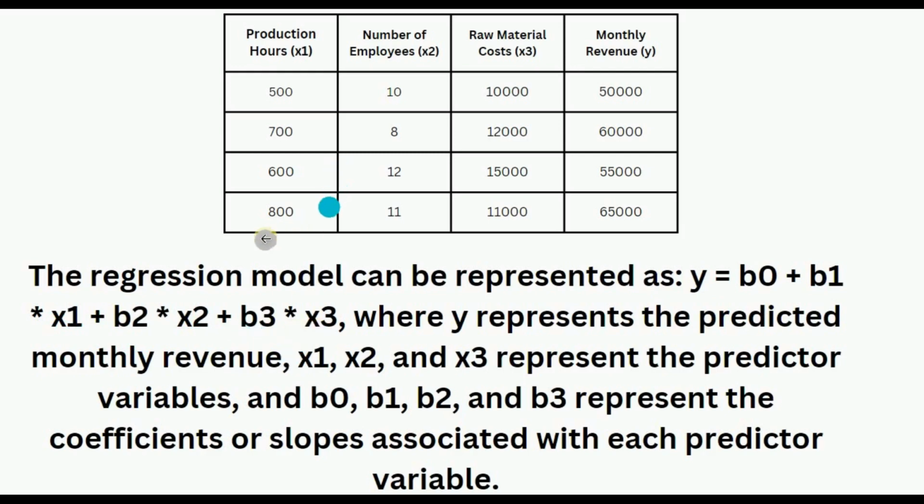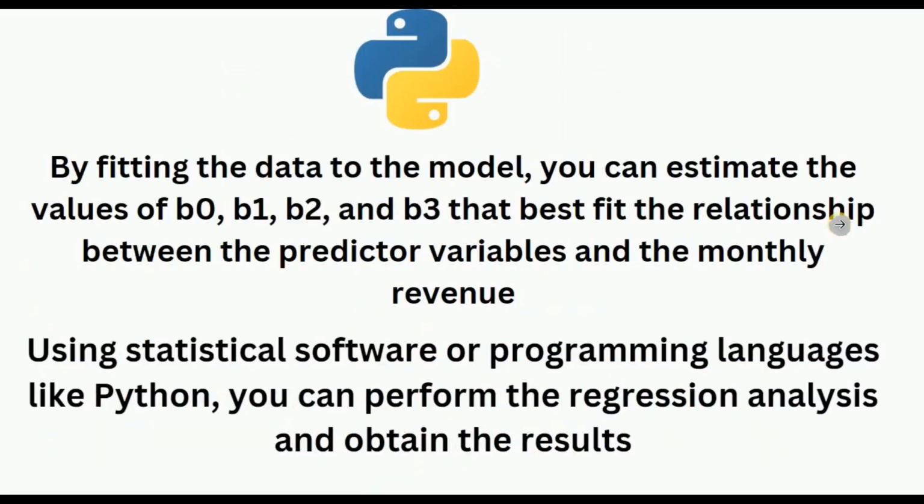Beta here is the coefficient, which is basically the difference when we create a chart. Beta null is the value when our x is 0, where y is 0.